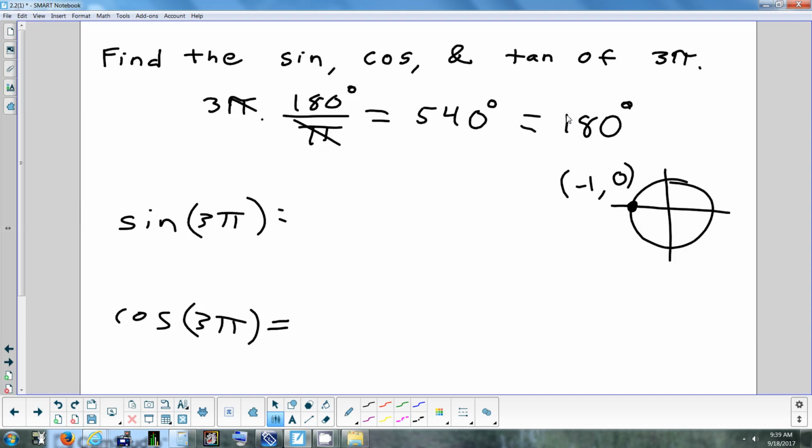Now we just plug those into our formulas, and that's it. So Mason, can you give me the sine? 0. Yep. How about the cosine? Negative 1. And Irene, can you give me the tangent?